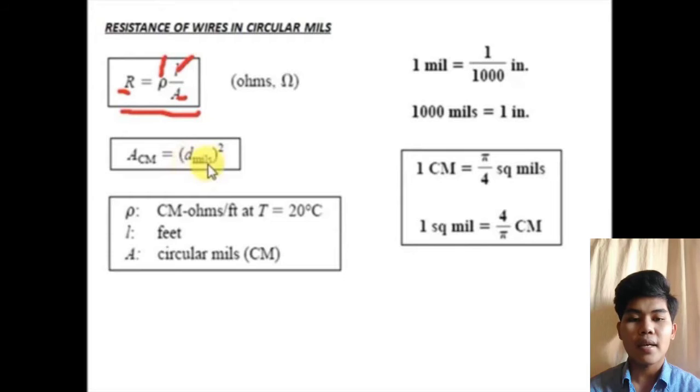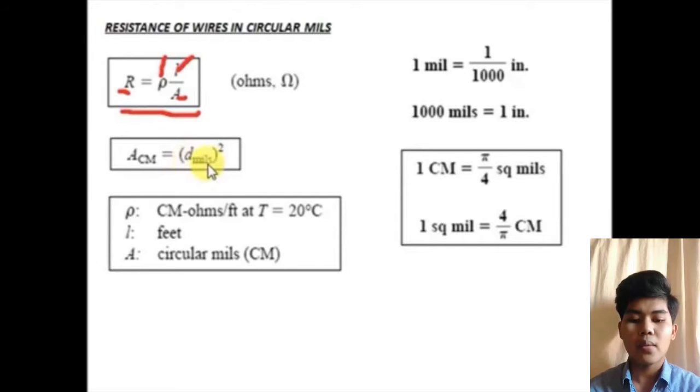Ang formula niya ay d squared. Dapat ang unit ng diameter mo is naka-mils. Tapos, pag in-squared mo yung mils na yun, magiging circular mils. Ang circular mils is a unit of area equal to the area of a circle with the diameter of 1 mil.